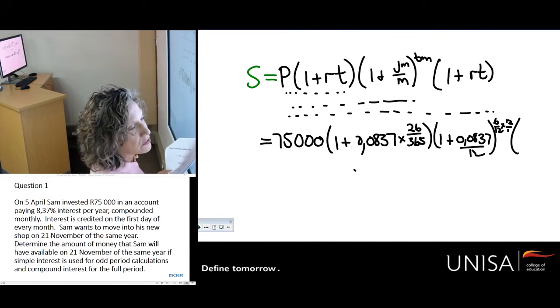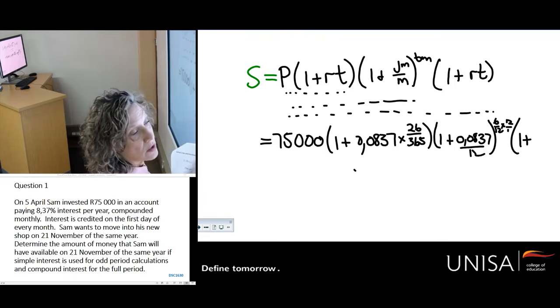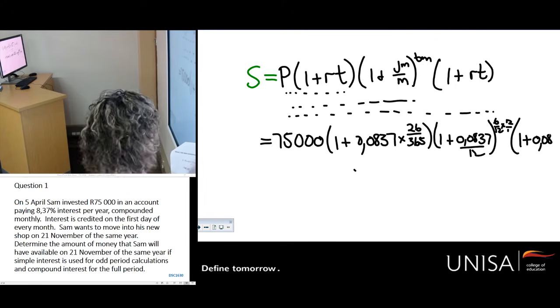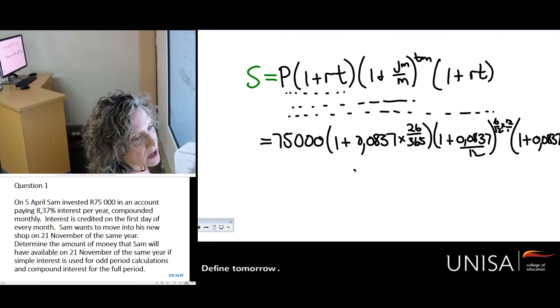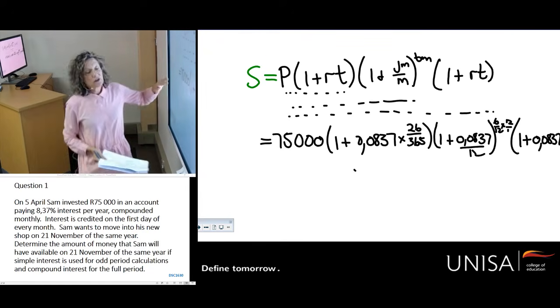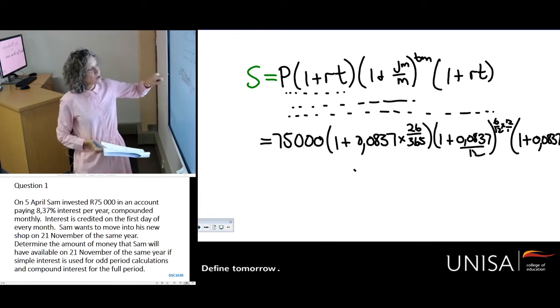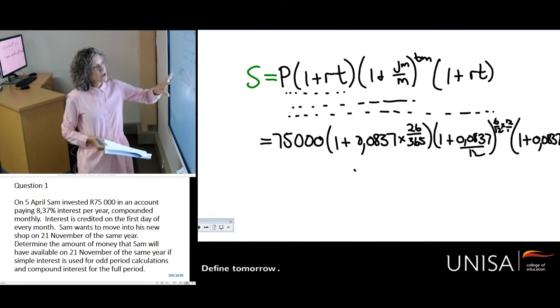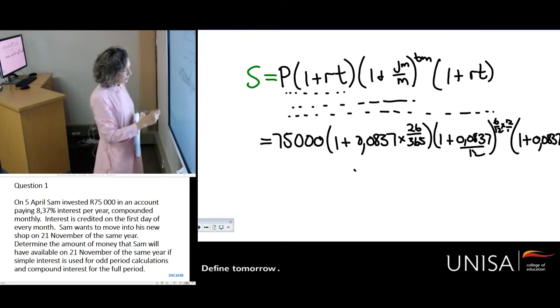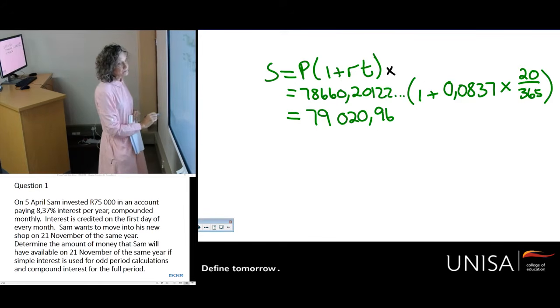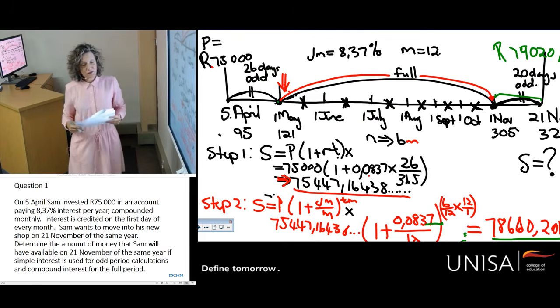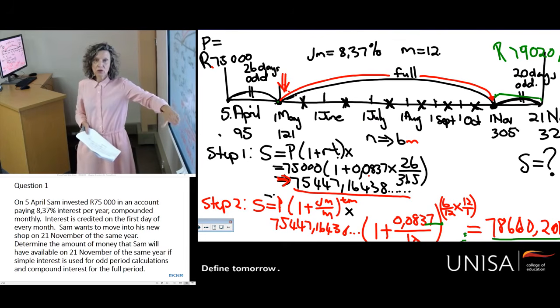And that you would multiply then with your (1 plus 0.0837 times 20 over 365). Right. So, guys, you can write it out in one step almost and work it from left to right. Otherwise, you can use the 3 steps that we did previously. Whatever method is the easiest for you, just remember, don't round off your answer if you're carrying it on to the next step.